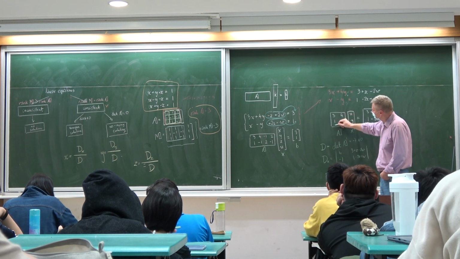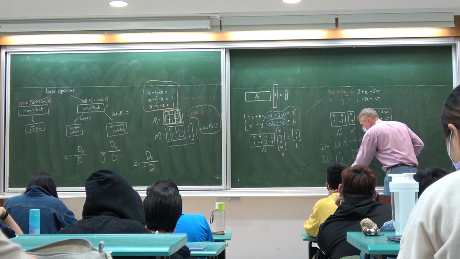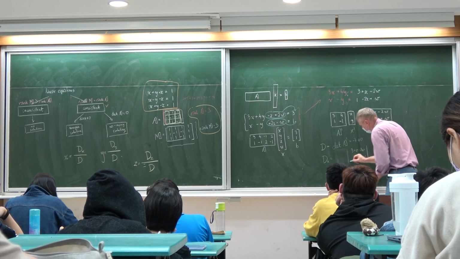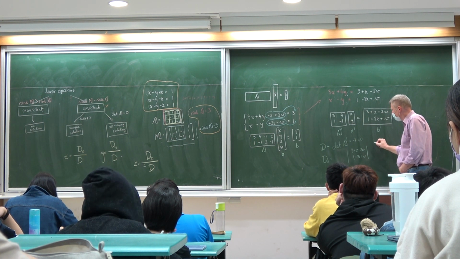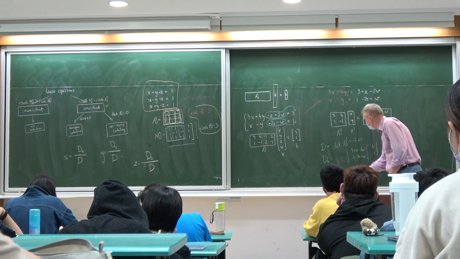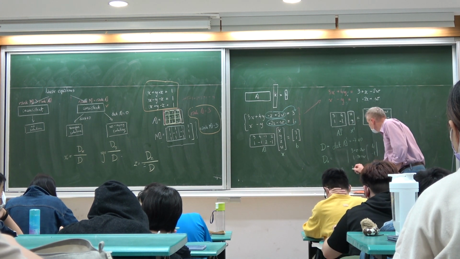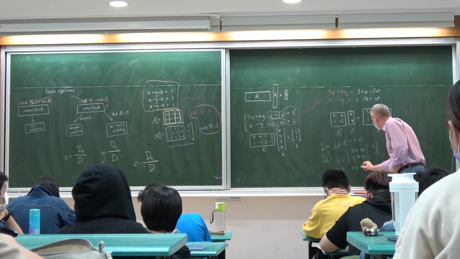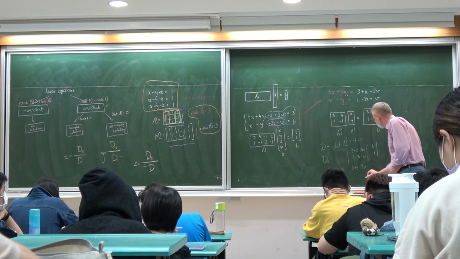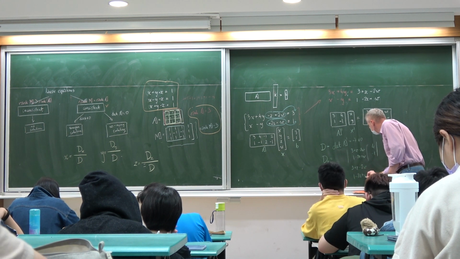So we are removing that one, and in this space we are putting that. So actually this determinant would be equal to 3, 1, 3 plus z minus 2w, 1 minus 2z plus w.